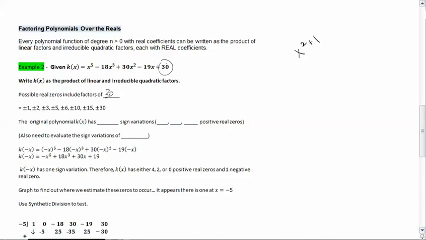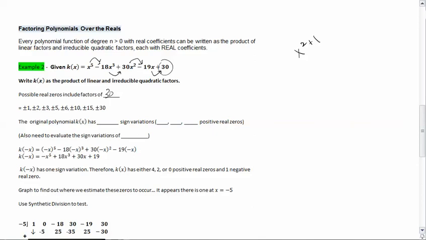Now we're going to look at the original polynomial's sign variations. How many times are we changing sign? We go from a positive 8x^5 to a negative 18x^3, then back to a positive 30x^2, to a negative 19x, to a positive 30.